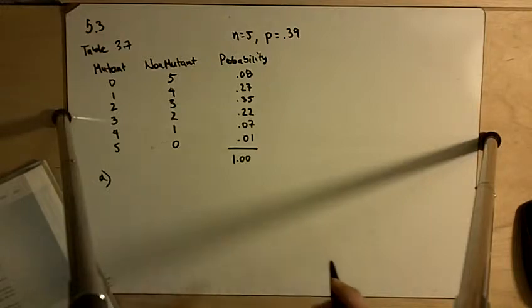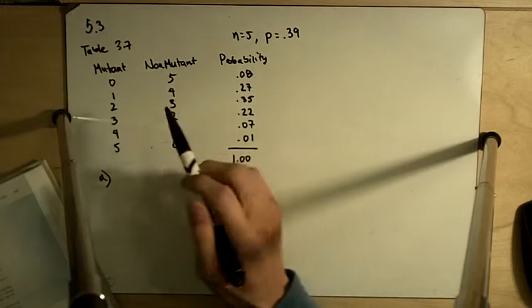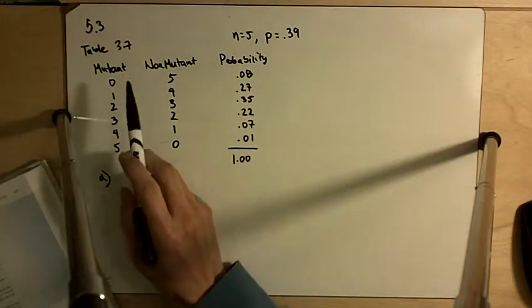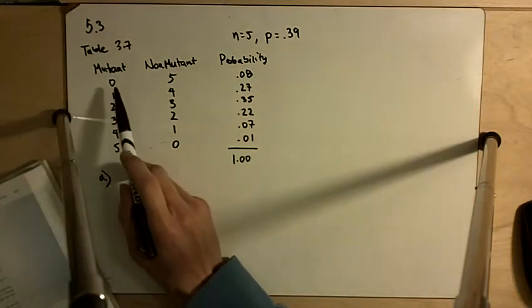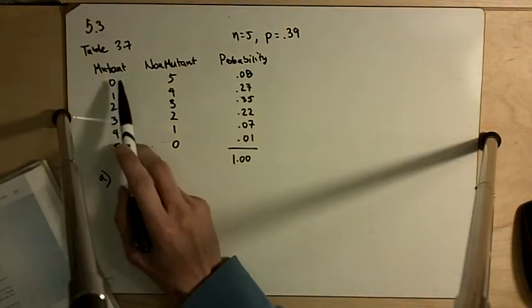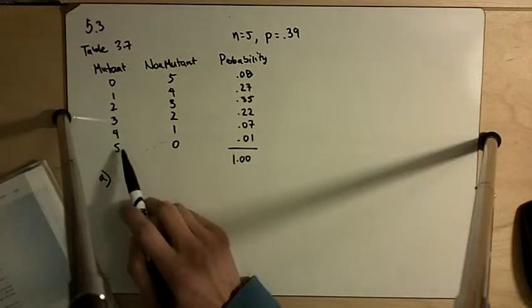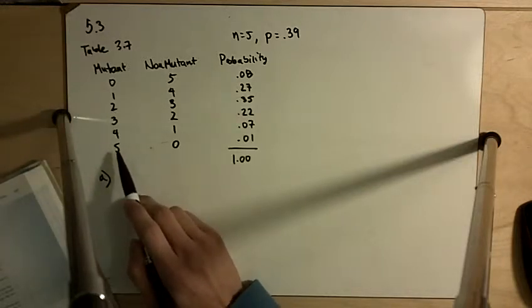0.6, 0.8, and 1.0. Okay, so in this case, table 3.7 gives us the count. This is the probability that k equals 0, or that in our sample of 5, 0 of them are mutant. And here we have the probability that 5 out of 5.